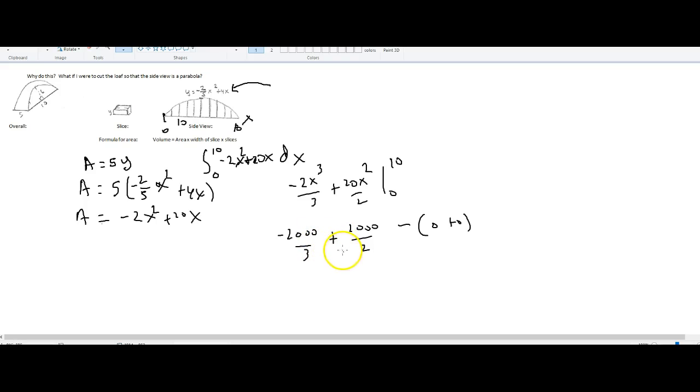And so I end up with negative 4,000 plus 6,000 over 6, or 2,000 over 6, or I guess I can do this: 333 and a third.